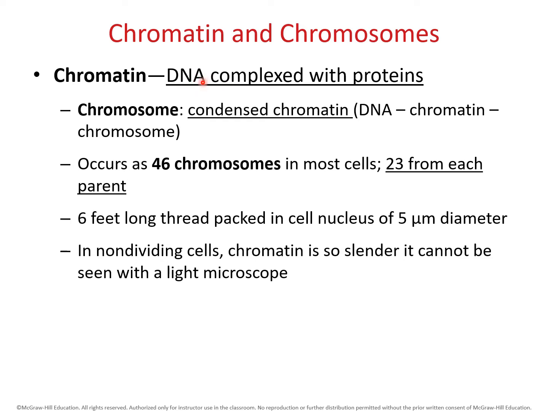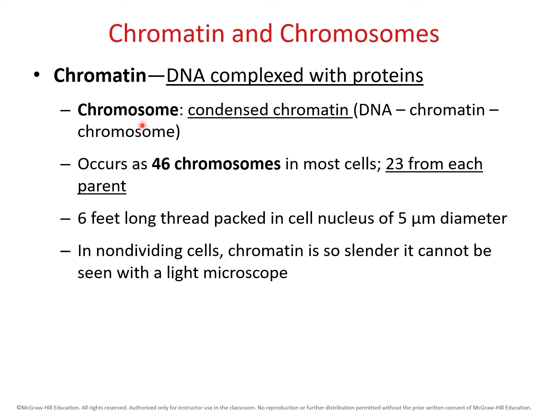Okay, so I'm going to go over a little bit as well about how this DNA is complexed with proteins. Now also, chromatin will condense. Okay, so we're going to make it even smaller. When chromatin is condensed, we call this a chromosome.